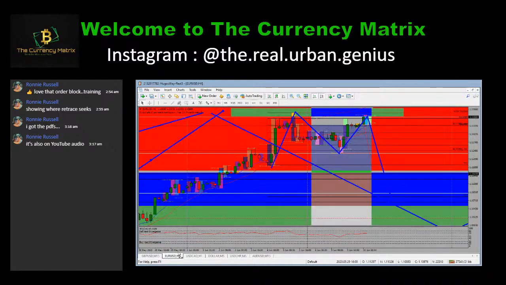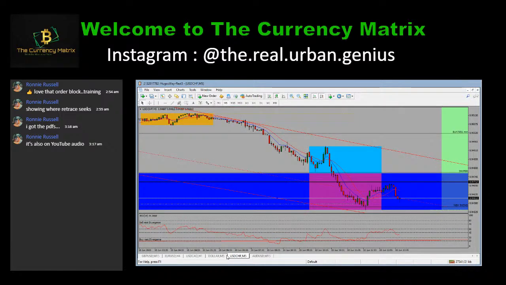Because what the news does often is it completes structure. So what we'll likely see, what we could also see, is an acceleration into the new cycle.